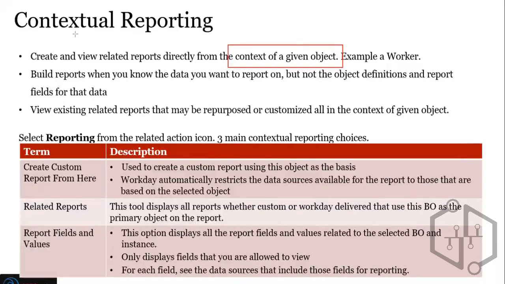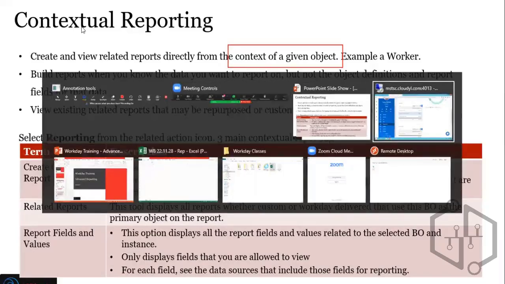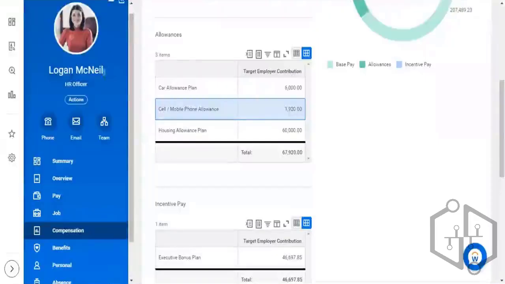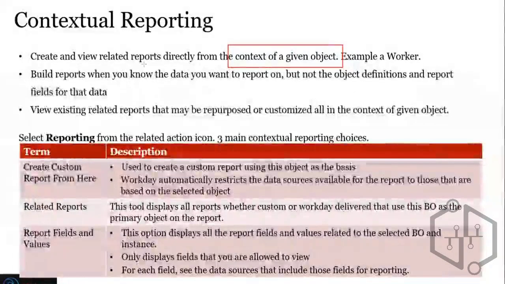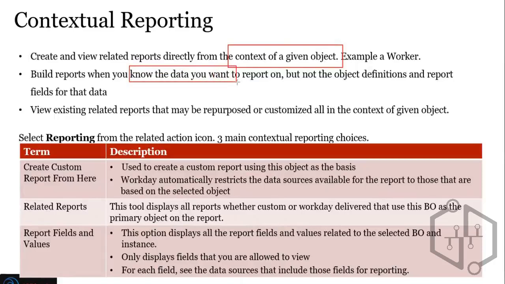So in this case, you want to build a report from the context of a worker, or this could be any other business object. When would you use this option? When you know what data you want to pull into your report, but you're not sure how to pull that information because you're not aware in which objects, in which data sources that data is included.